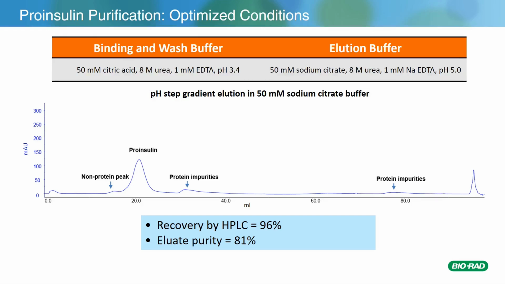Initially, a salt gradient was tried, but a pH step elution was better suited to remove other protein impurities. And all the proinsulin comes out in a single pH step at pH 5. And recovery was 96% by HPLC, and the eluate purity was found to be 81%.